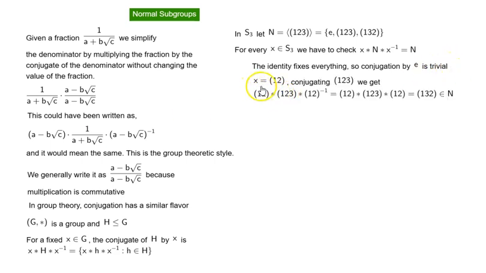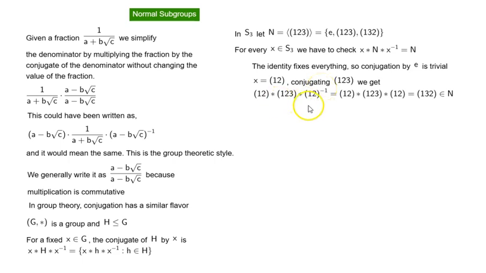Now let's take x equal to (1 2). Conjugating (1 2 3) with x, we get permutation (1 2) times permutation (1 2 3) times permutation (1 2) inverse.